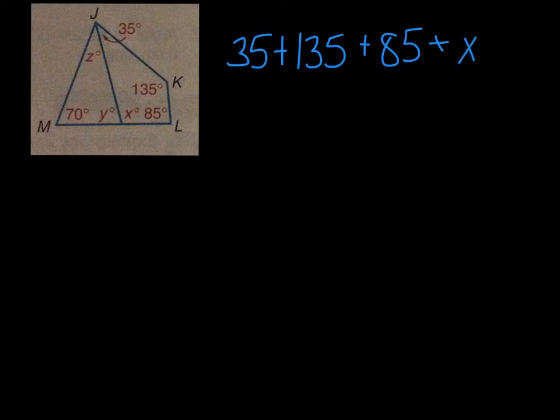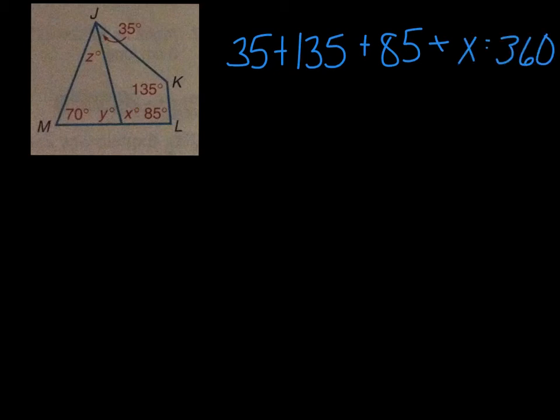For the quadrilateral, we would add up 35 plus 75 plus 85 plus x equals 360.